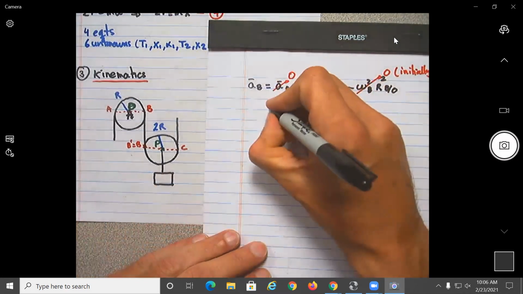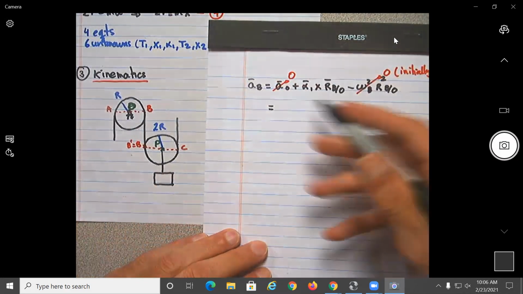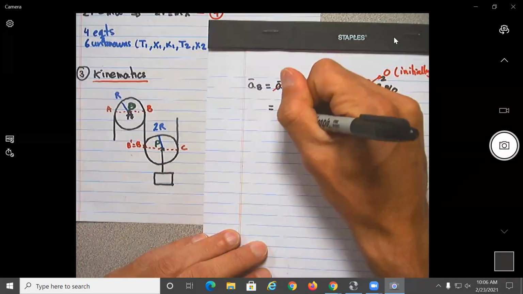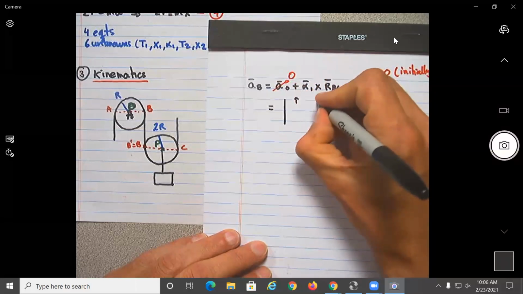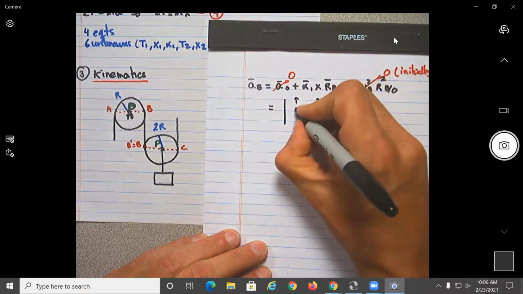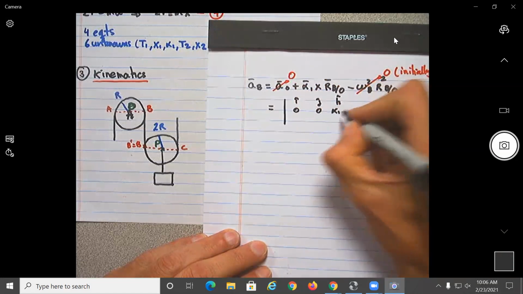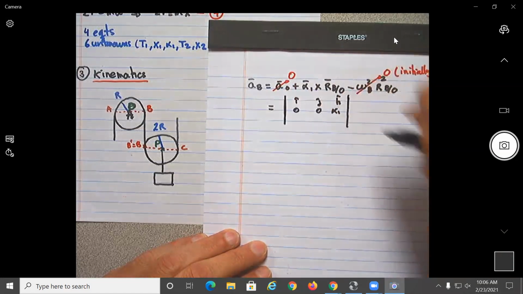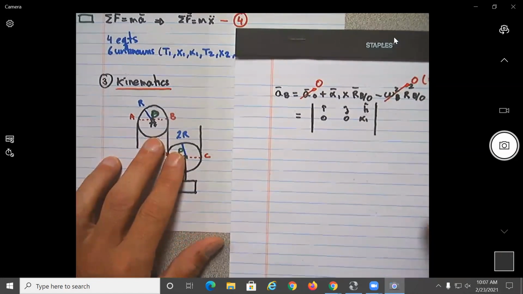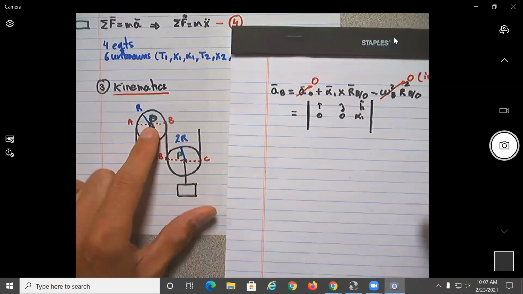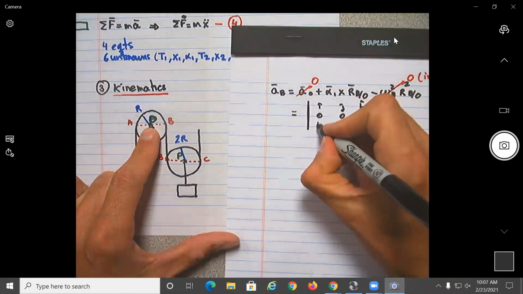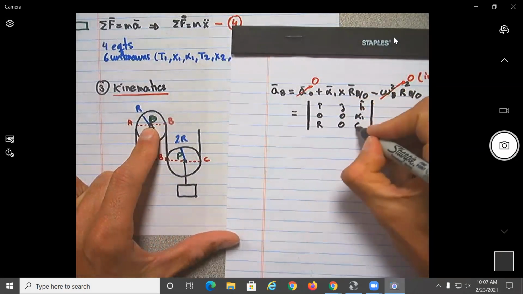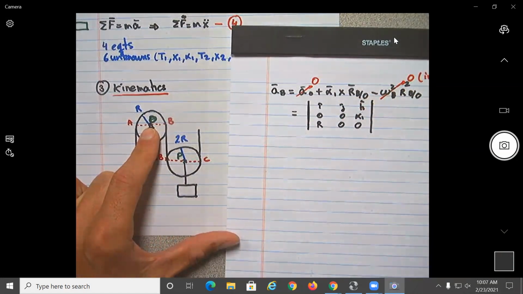So if you do this cross product, I'll do the first one with you. i, j, k, 0, 0, alpha 1. You want to do the first to find the relation, and then I'll let you do the other ones. What is the position of B with respect to O? R, 0, 0. Yeah? Okay.